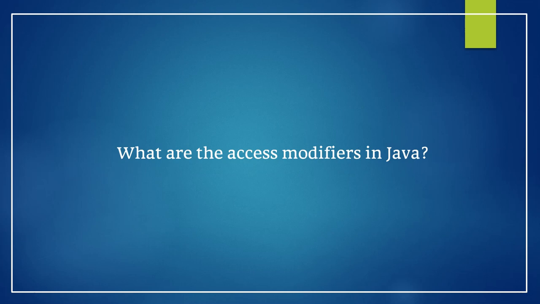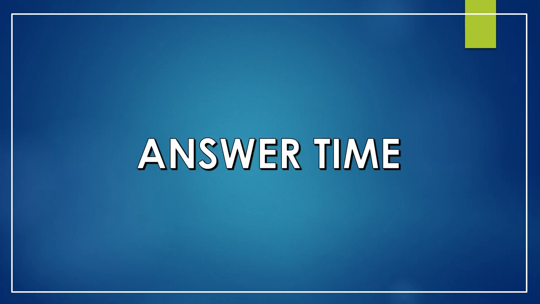What are the access modifiers in Java? Java supports 4 different levels of access modifiers. One, public. When a variable or a method is declared public, it is accessible to all classes across the board. When a variable is declared as private, it is only visible to the class in which it has been defined.